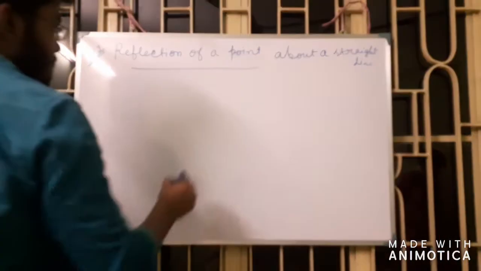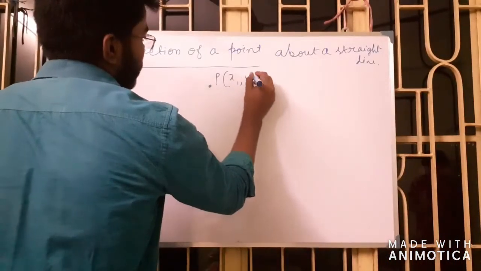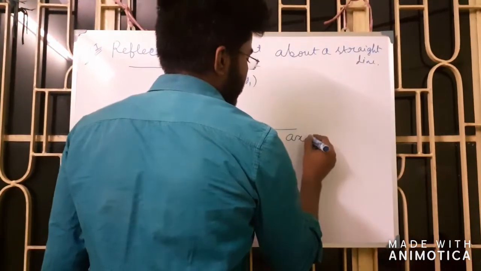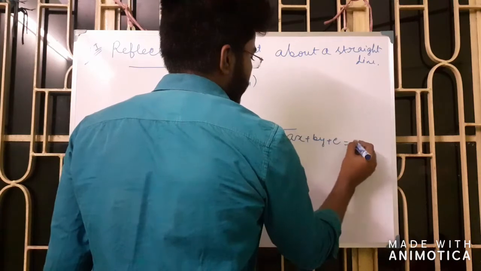That means if this is a point, let's say P, (x1, y1), and this is a straight line ax + by + c = 0.